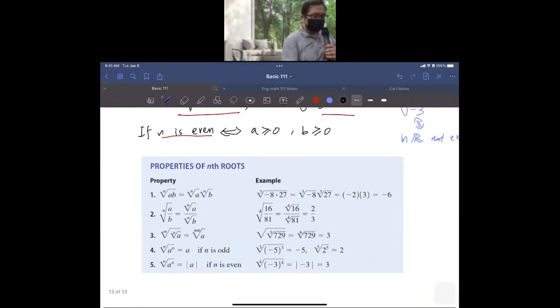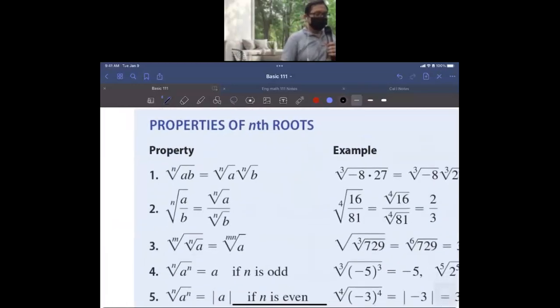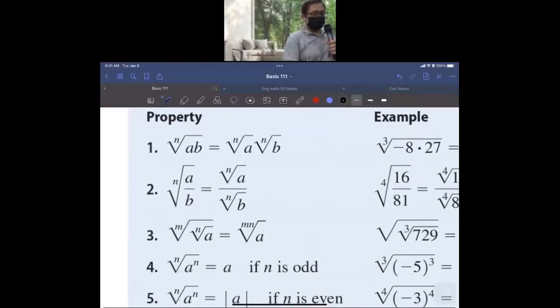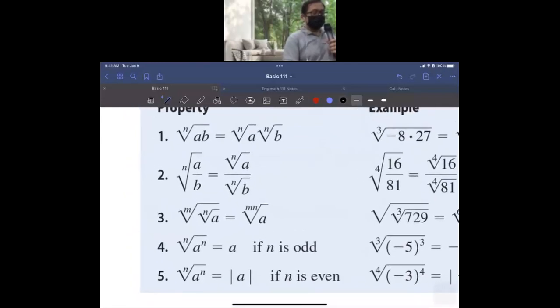So what we have here is, you can play with these roots and the rational exponent to prove whether it's true or not, and whether this is consistently correct or not.